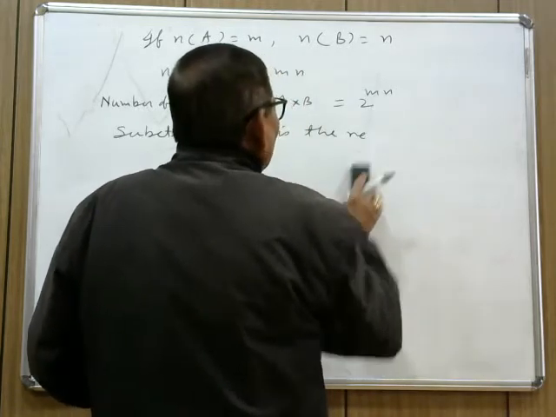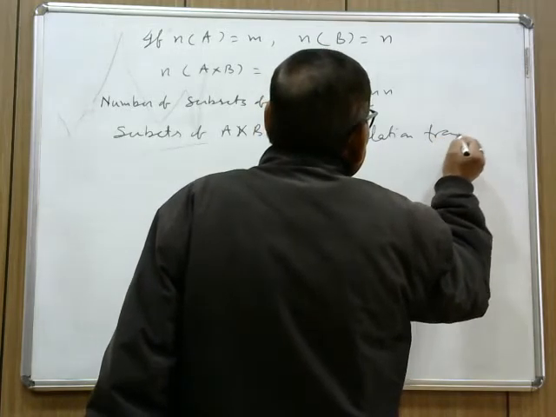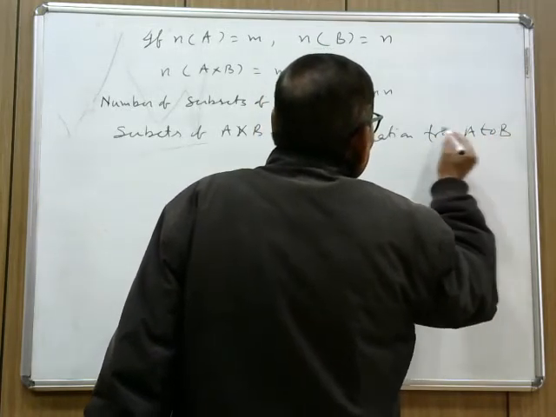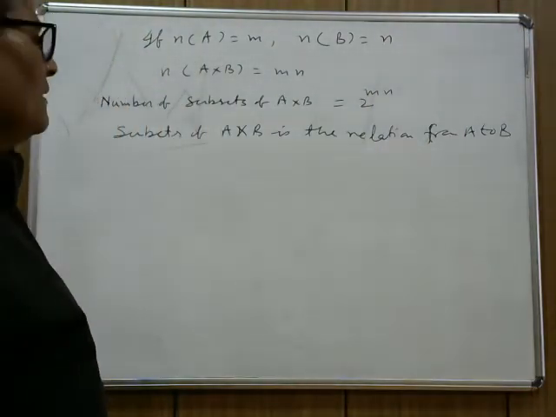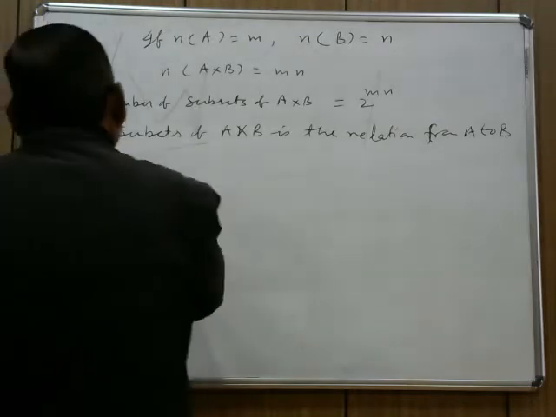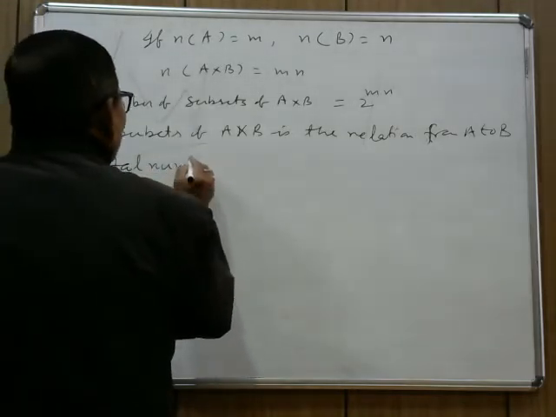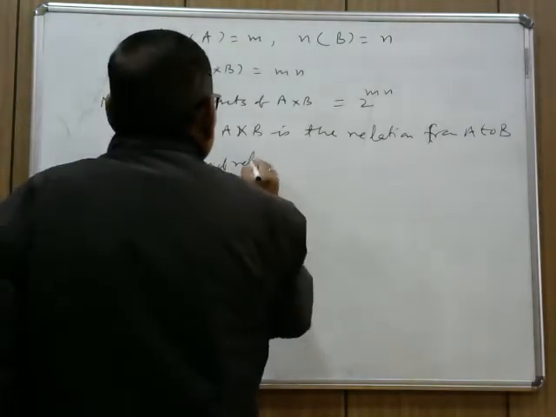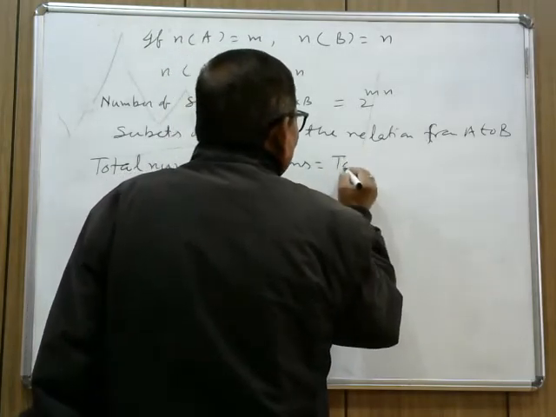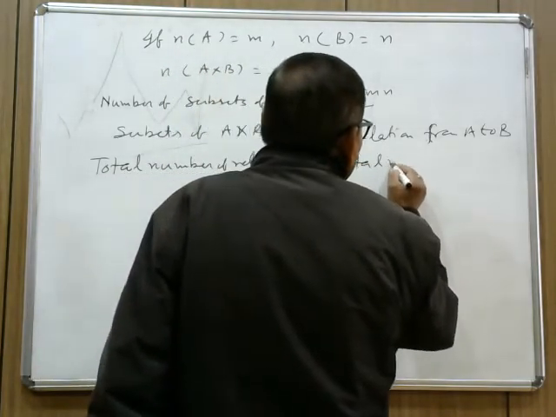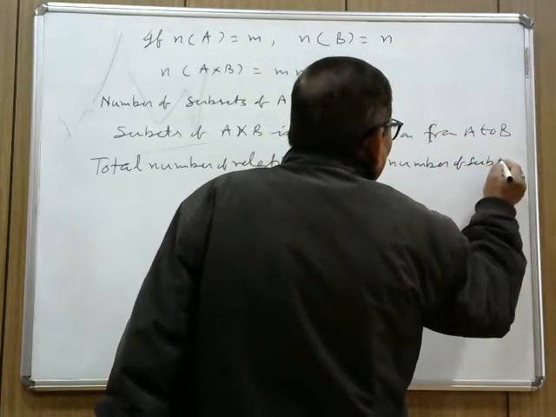A subset of A cross B is a relation from A to B. This means the total number of relations is equal to the total number of subsets.